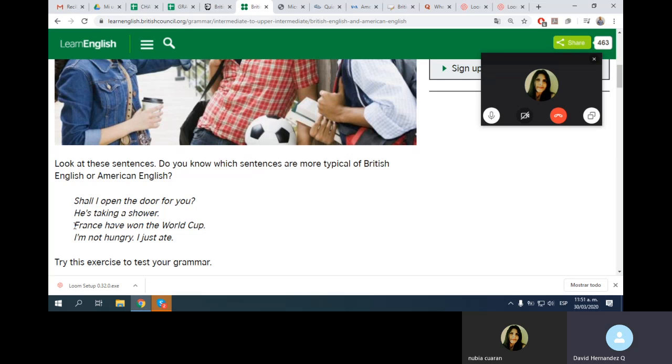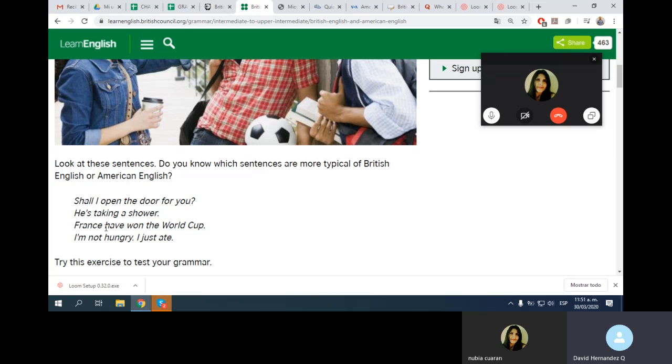Then the third one says, France have won the World Cup. Here, both varieties would say the same, but it depends on the context. France is a country, one single country.